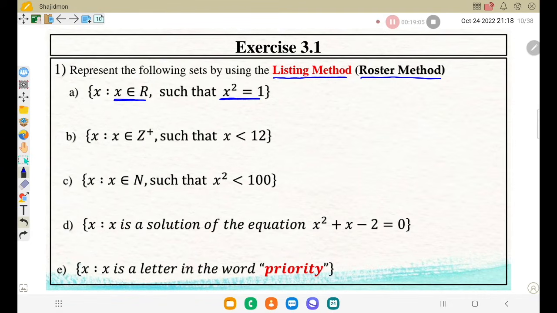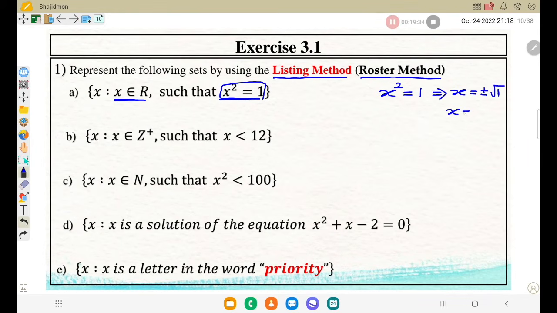So what are the numbers we can write? Set of all real numbers such that the square of that number should be equal to 1. If you want to find a number whose square equals 1, you can see x square equal to 1. From this you know how to find x. x equal to plus or minus root 1, correct? Because we are removing the square.